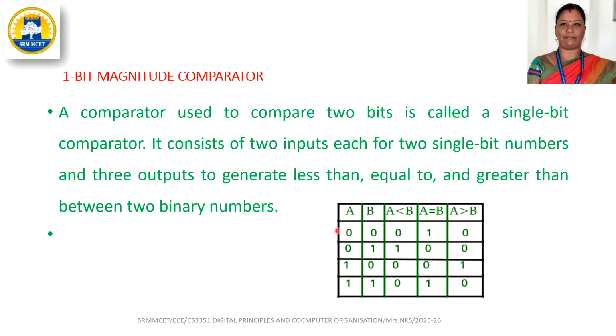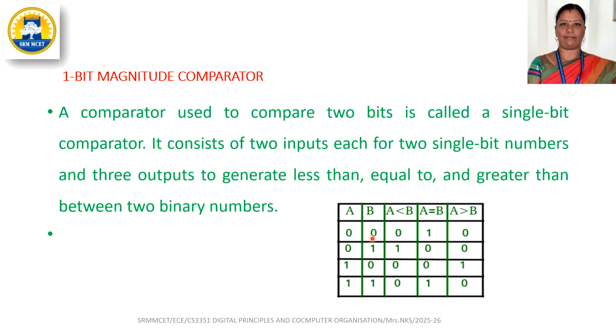We are taking two cases. First, let's assume A as 0. If A is 0, B can be 0 or 1. In the first case, A is 0 and B is 0.